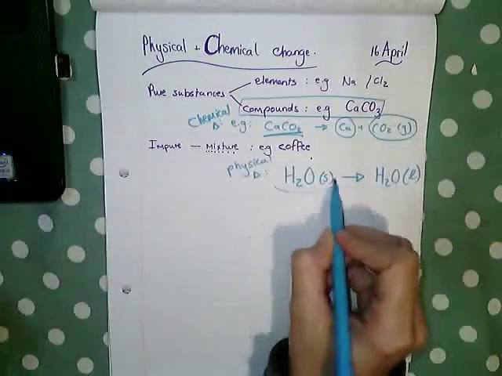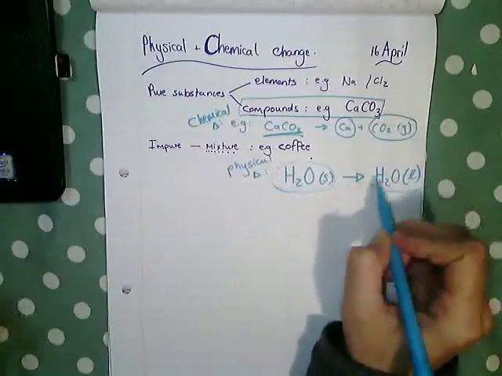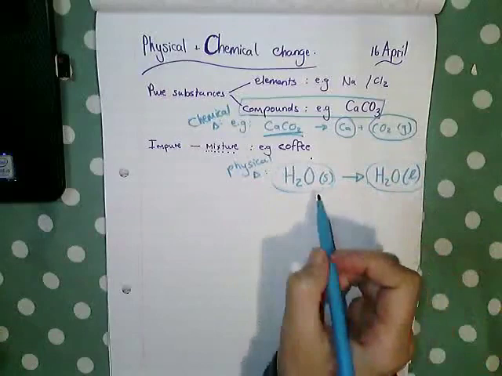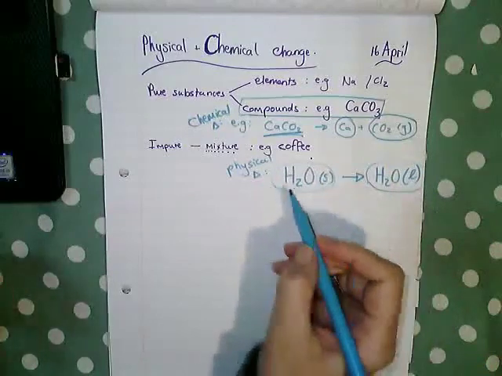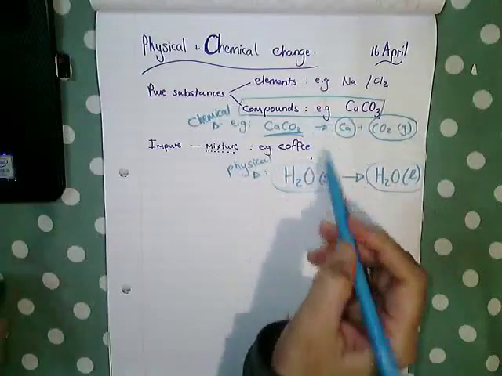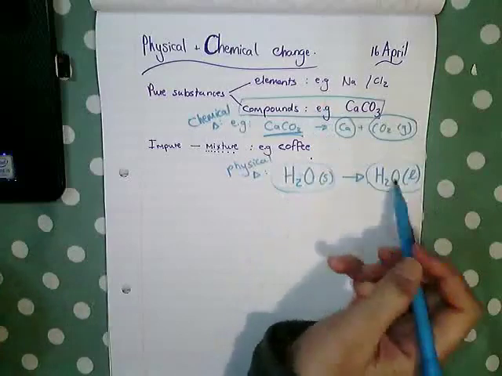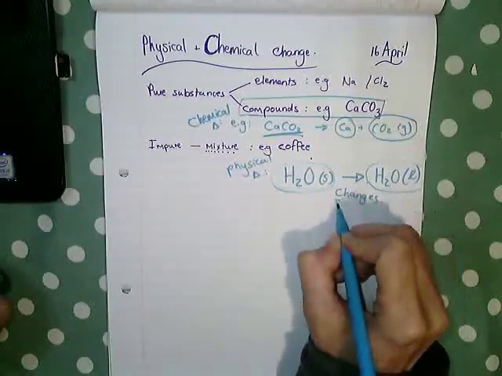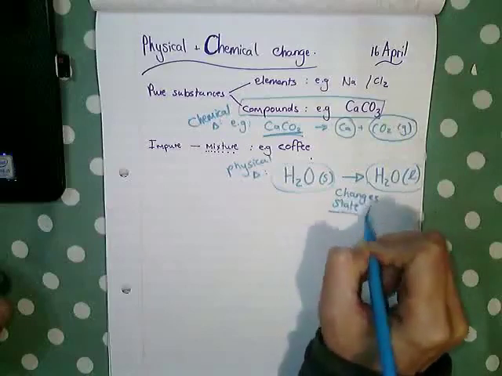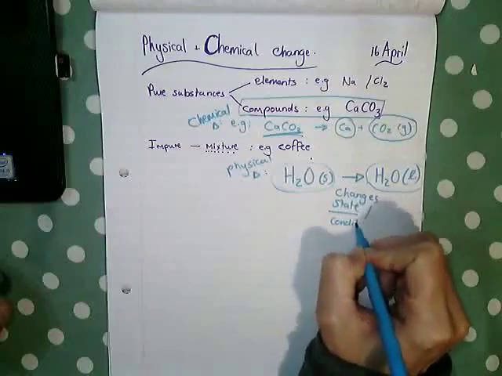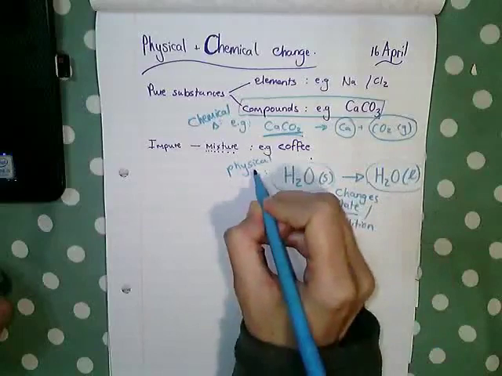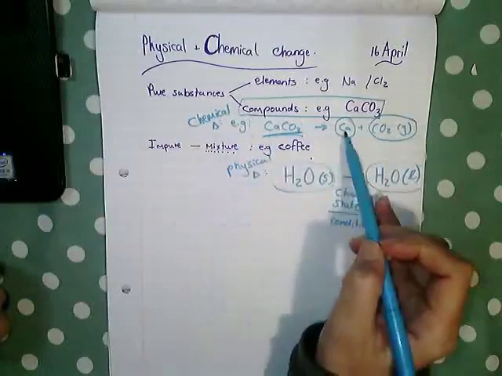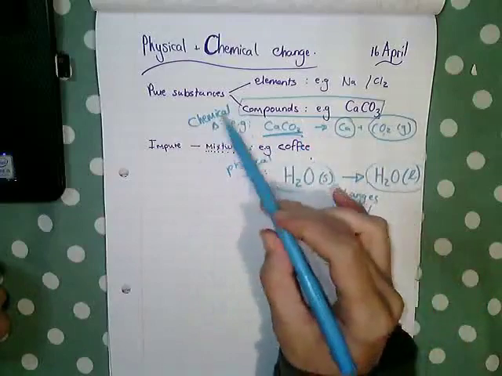So what this is and what this is doesn't change. If the actual substance, the pure substance, doesn't change, it only changes state or condition, then it's a physical change. But if what the substance is changes, then it's a chemical change.